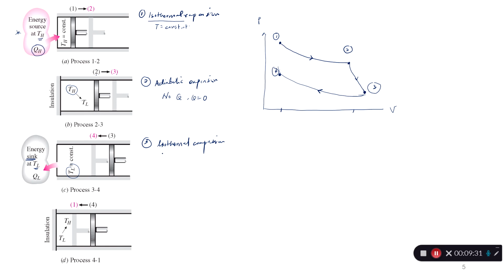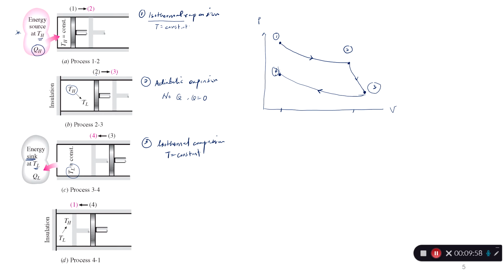So isothermal compression, T remains constant. Also you can calculate the work done here using the equation that we have learned in chapter 4, boundary work. Boundary work equals P1 V1 ln V2 over V1.